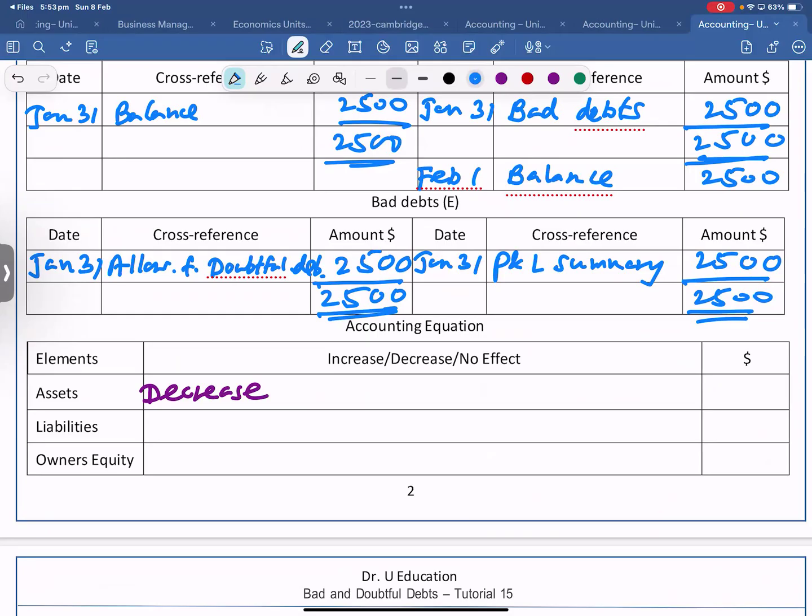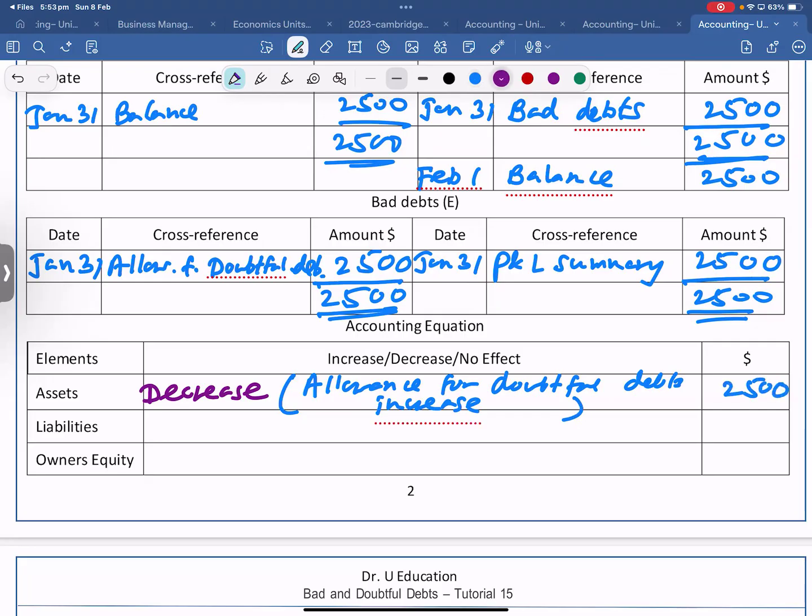Allowance for doubtful debts increases by 2,500.